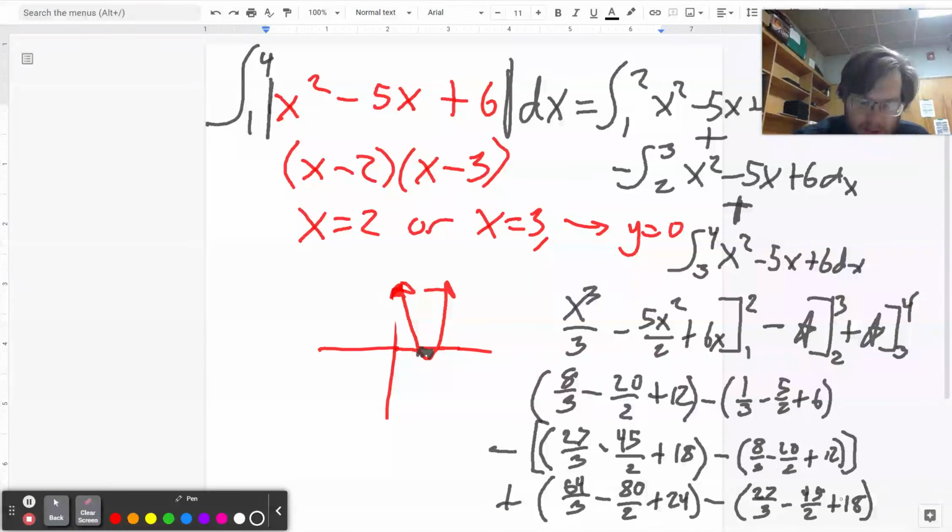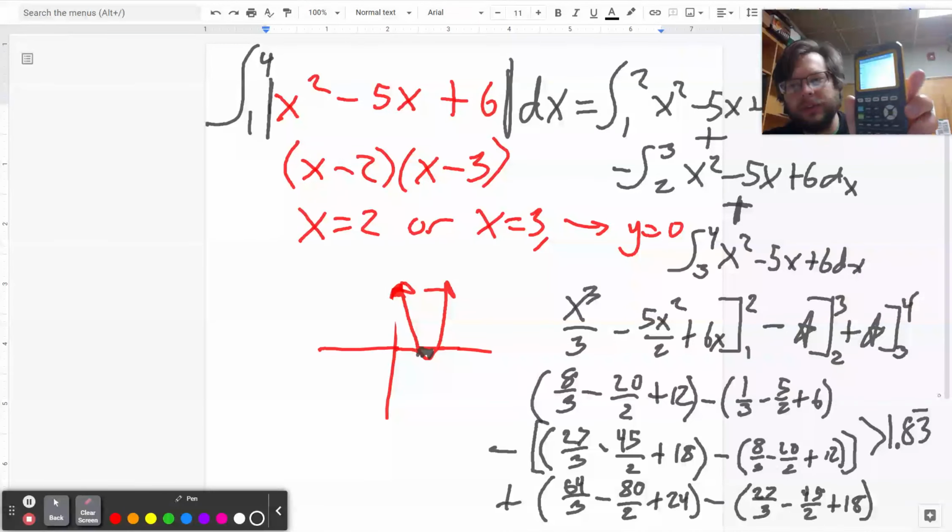Yeah, and really, since I'm resorting to the calculator anyway, I should have just typed in the original function as we go. Anyway, so what happened here? Does that look right? That all came out to be 1.83.